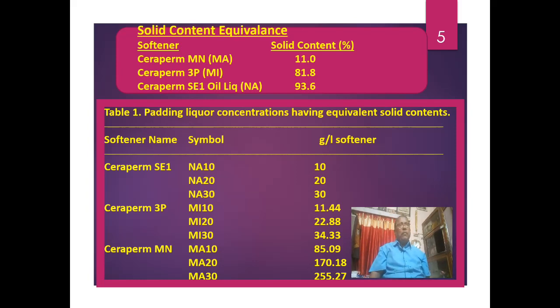While for macro and micro, corresponding solutions were having solid content for macro, it was 11.44, 22.88 and 34.33. While for micro, the corresponding solutions were having solid content grams per liter at 85.09, 170.18 and 255.27.